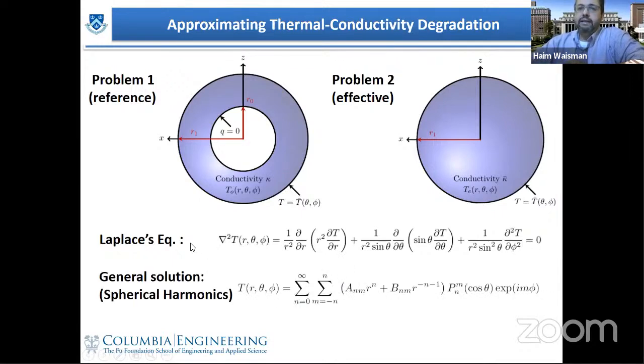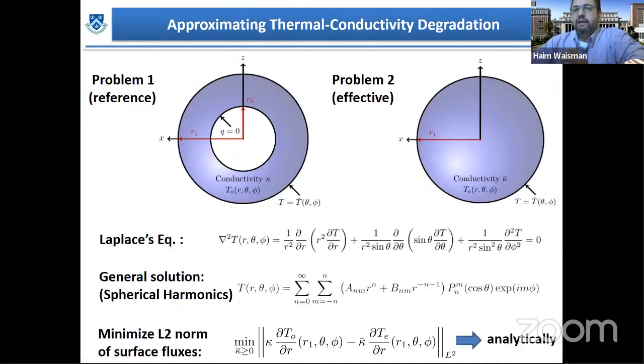This is what's called spherical harmonics. These are infinite series, which have some cosine and exponent functions, and those are the spherical harmonics analytical solution to this problem. So our idea would be to correlate these two problems by minimizing the flux at the inner boundary. And this we can do analytically because we have those spherical harmonics solutions.